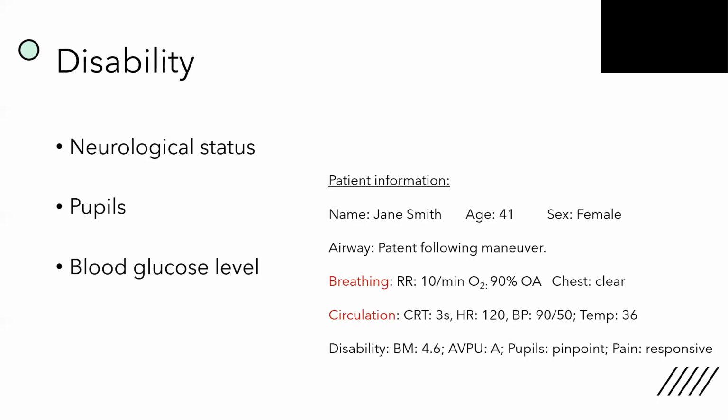So our patient has a blood glucose level of 4.6. She is alert on AFPU. She has pinpoint pupils and she is responsive to pain. Now, at this point, can you please share what your top differential diagnosis is?